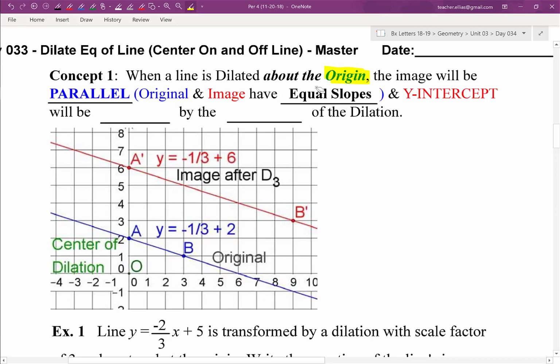Thank you. The slopes will be equal. But how does it change? It multiplies by the scale factor. Very nice.